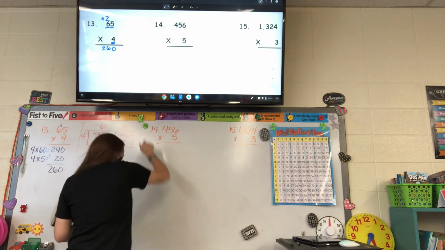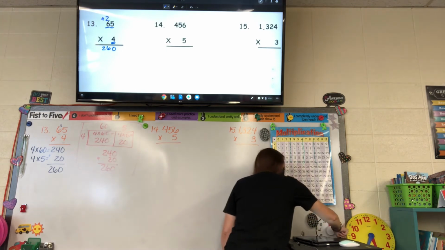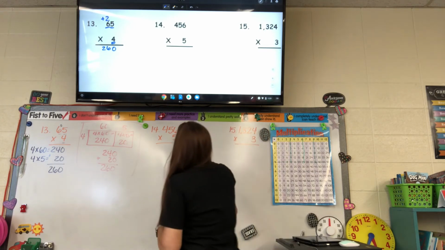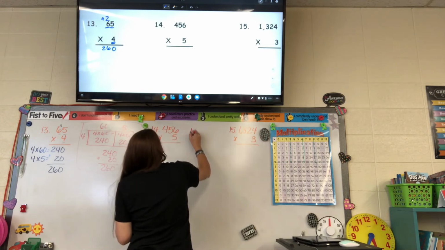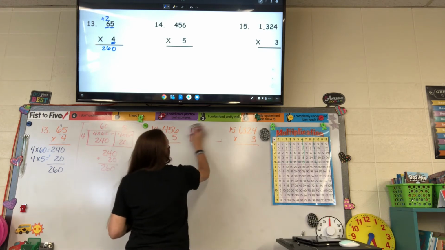456 times 5. Okay, I need a better red. Here's a red. I hope this red works. Okay, so 456, our model's going to be a little bit different.